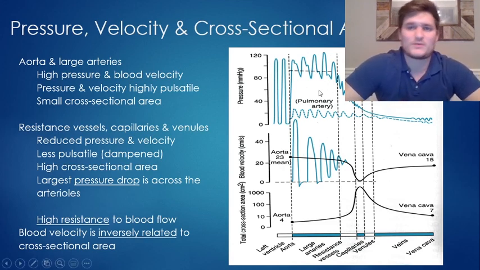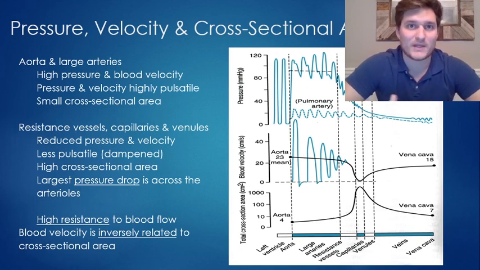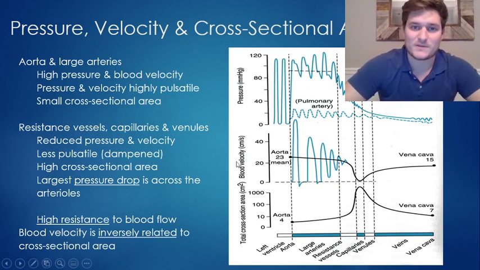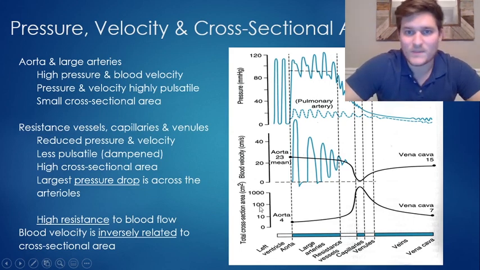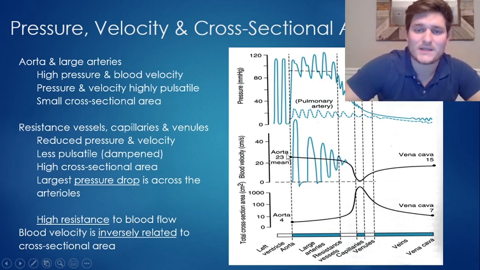We also want to note blood velocity, or the speed that the blood is traveling through each of these vessels. Blood velocity is dictated by blood flow and what's called cross-sectional area. In a place like the aorta, there is a high amount of blood flow because it's receiving all of the blood from the left ventricle.